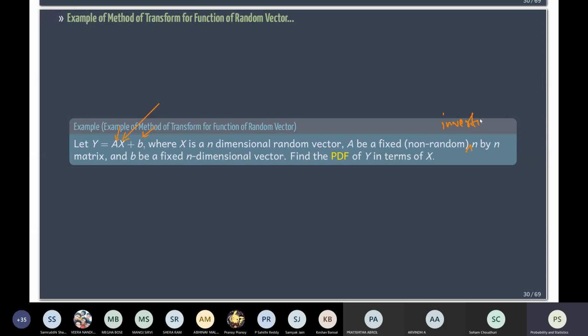Otherwise, I don't think we can do much. We can solve for X if A is invertible, so that's the easier case. In that case, X will be A inverse (Y minus B), and this will be our h of y that we are looking for.